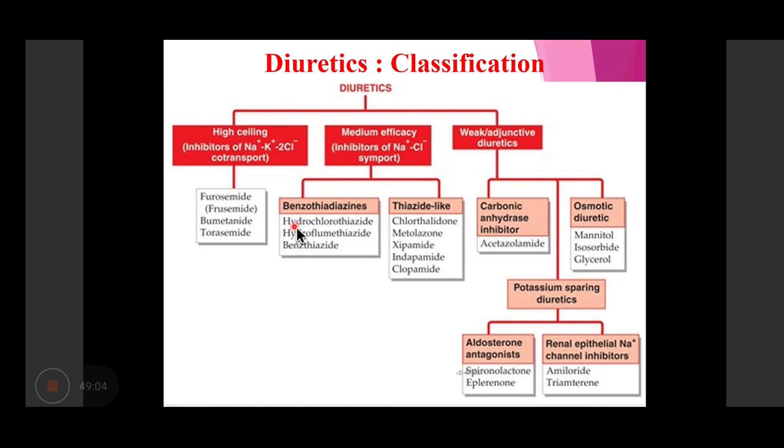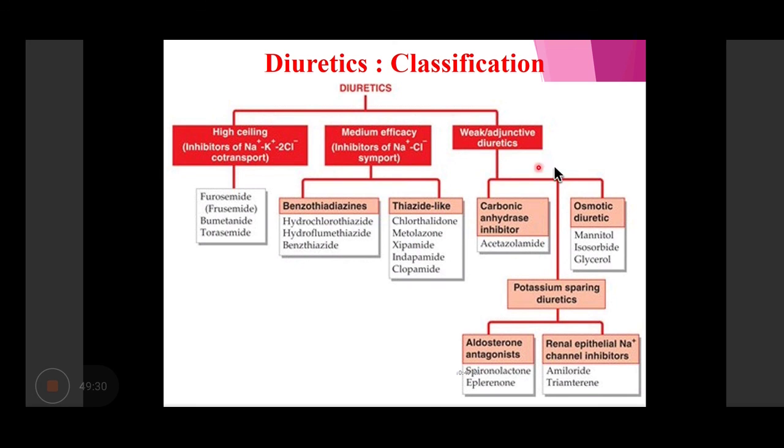The thiazides are hydrochlorothiazide, hydroflumethiazide, benzthiazide, and thiazide-like diuretics are chlorthalidone, metolazone, xipamide, indapamide, and clopamide. So what you can remember is hydrochlorothiazide and chlorthalidone, at least for now. You have to start somewhere.